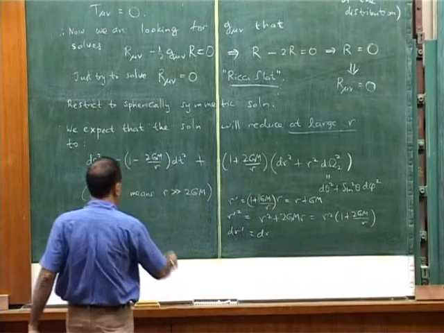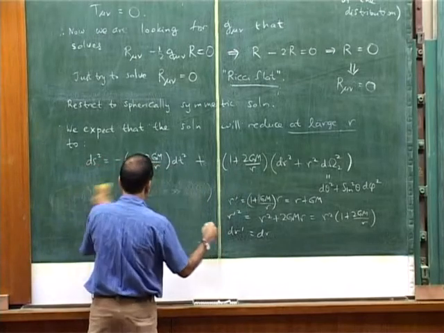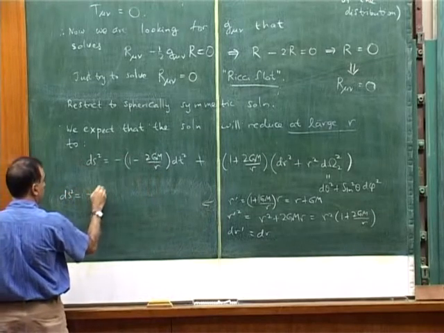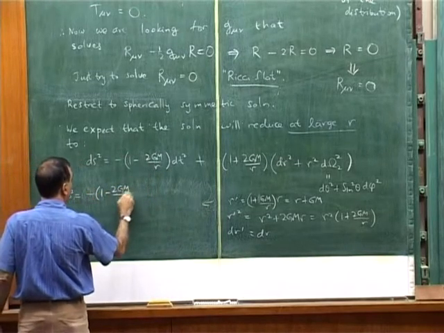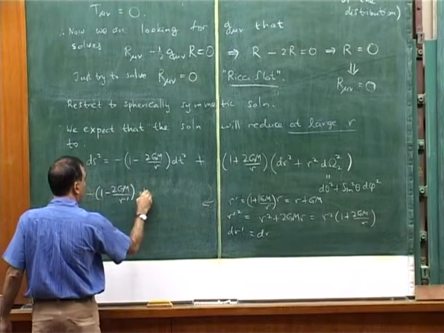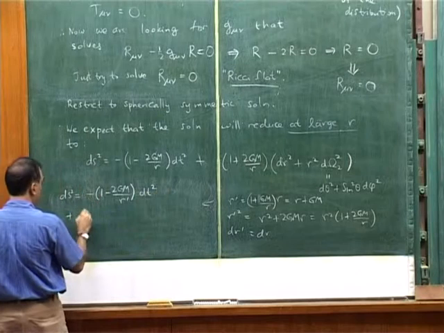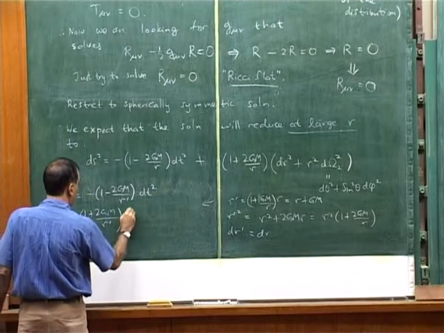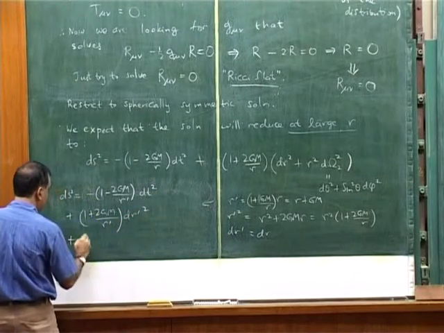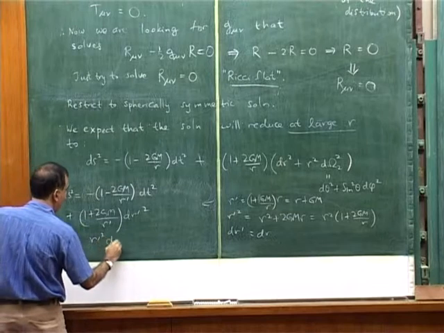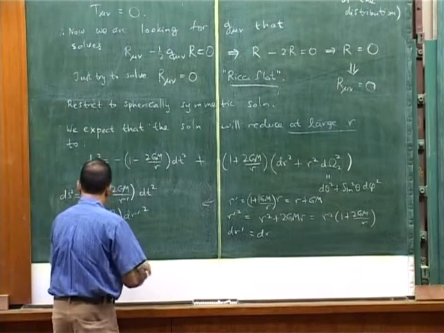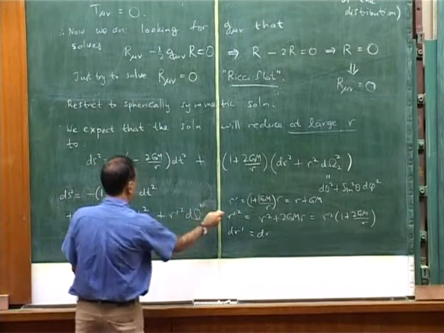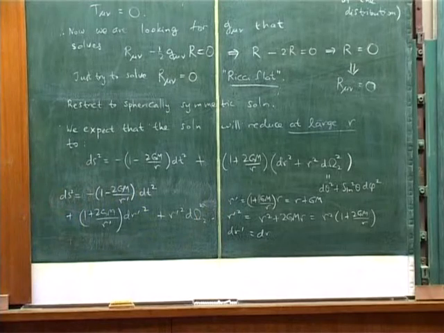In other words, this change of coordinates gives me, to the same order, a metric which looks exactly the same as above, now in terms of r prime, plus 1 plus 2Gm upon r prime dr prime squared, plus, and the last term is r prime squared d omega squared.